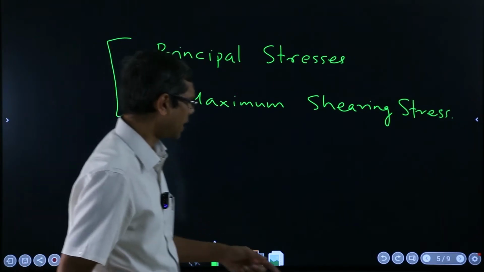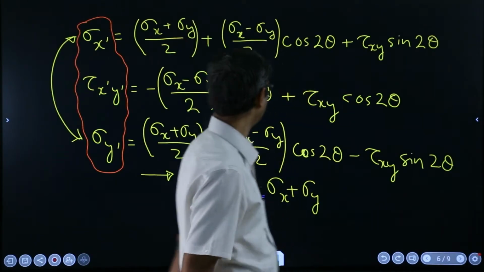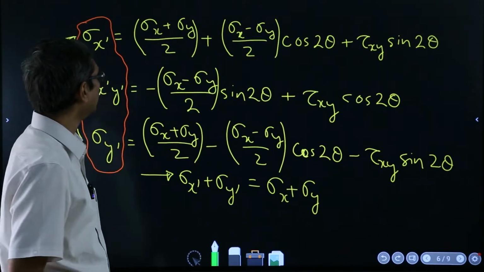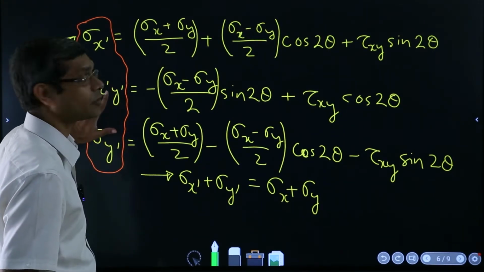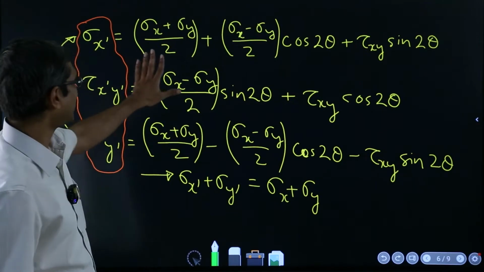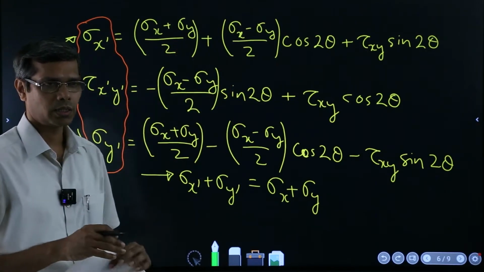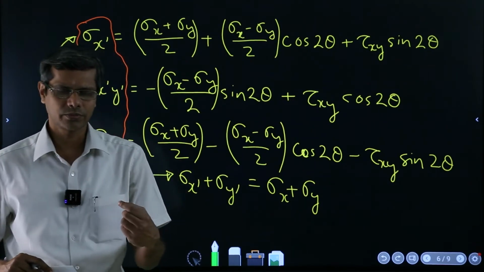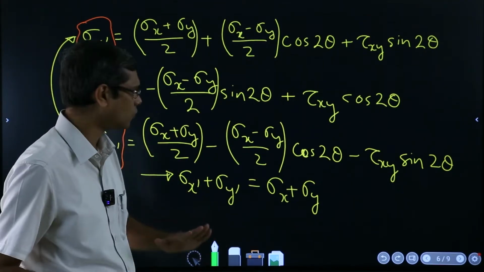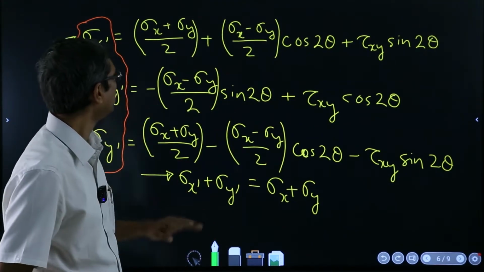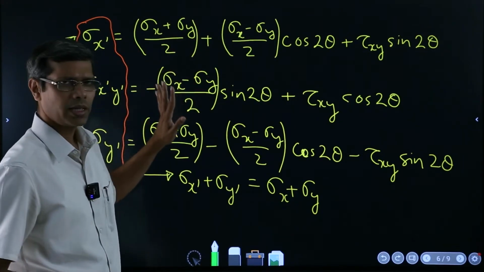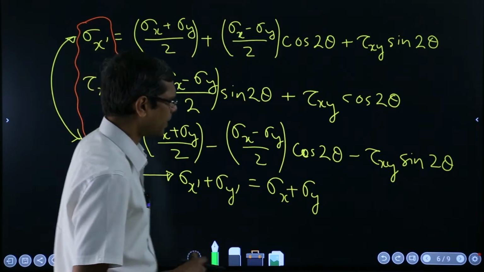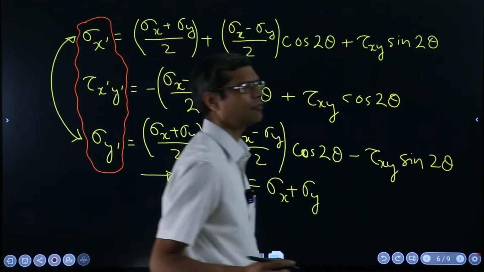Just to have a recap, I have kept these things from the previous segment. So sigma x, sigma y and tau xy are the stresses which you have in a way measured.